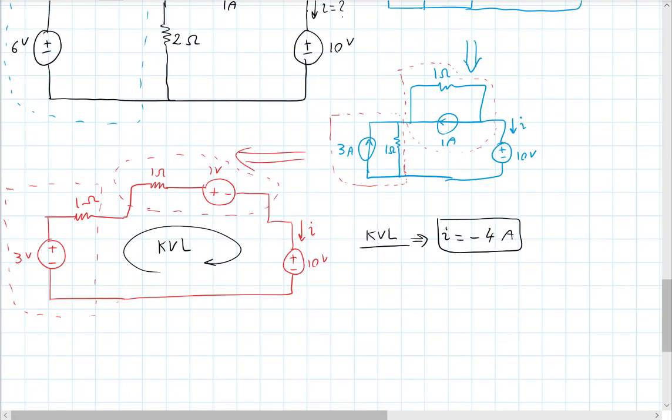In this equivalent circuit, how do I find out what the current of the 2 ohm resistor of the original circuit is? I won't know directly, right? I could, of course, use the information that I have now to start working backwards and reconstruct my original circuit and propagate what I know backwards. Okay, so you can do things like that.